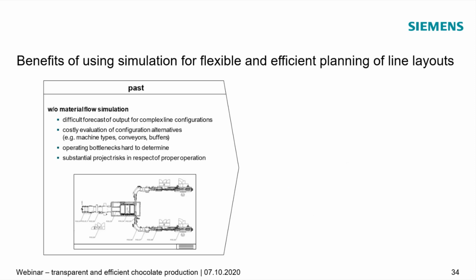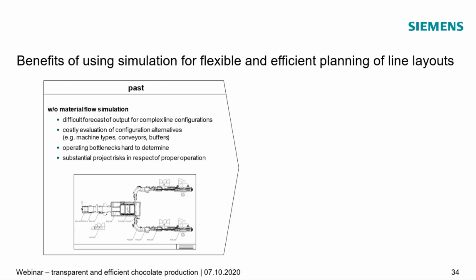Another great benefit of digitalization is using simulation for line planning purposes. On the left side, you see the traditional paper-based planning process. The key ingredients for the planner are usually 2D representations of the equipment footprint and the planner's own experience of the equipment behavior.